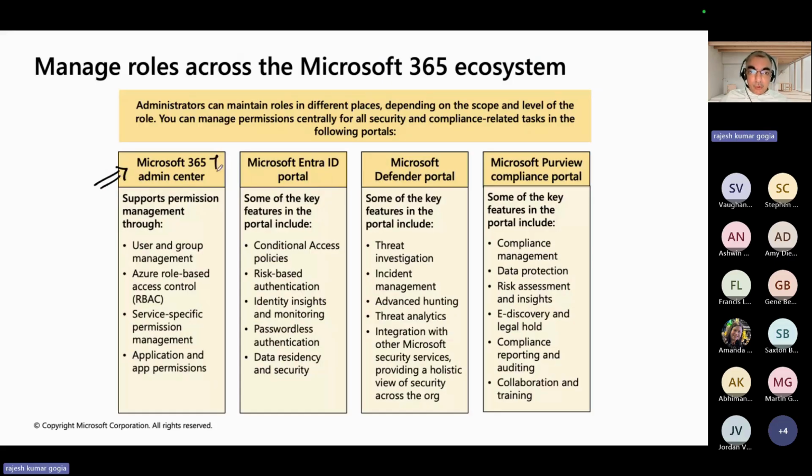Which service you want to delegate, whether you're delegating for Defender, for compliance, for Purview, or for Entra ID. So they always maintain roles for different places, for different services, plus the scope. That too with the default and custom roles.